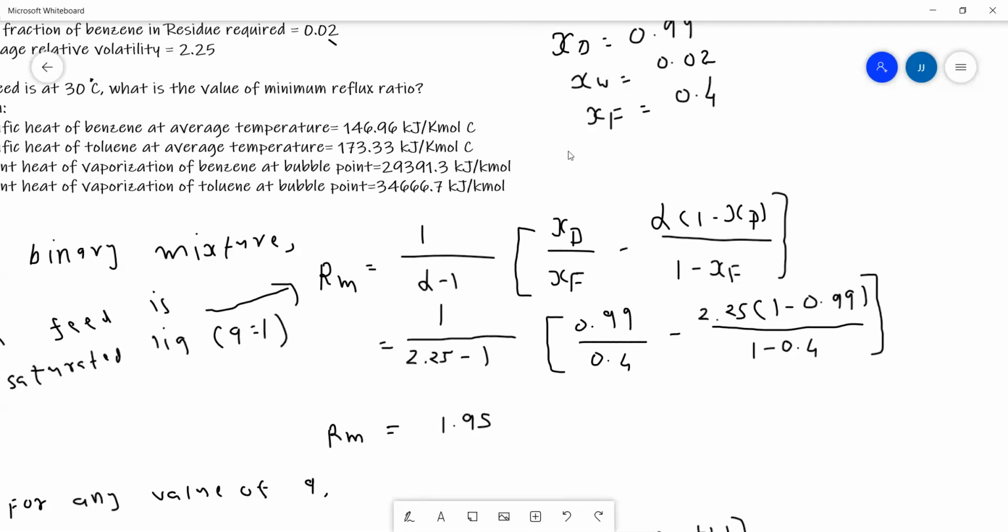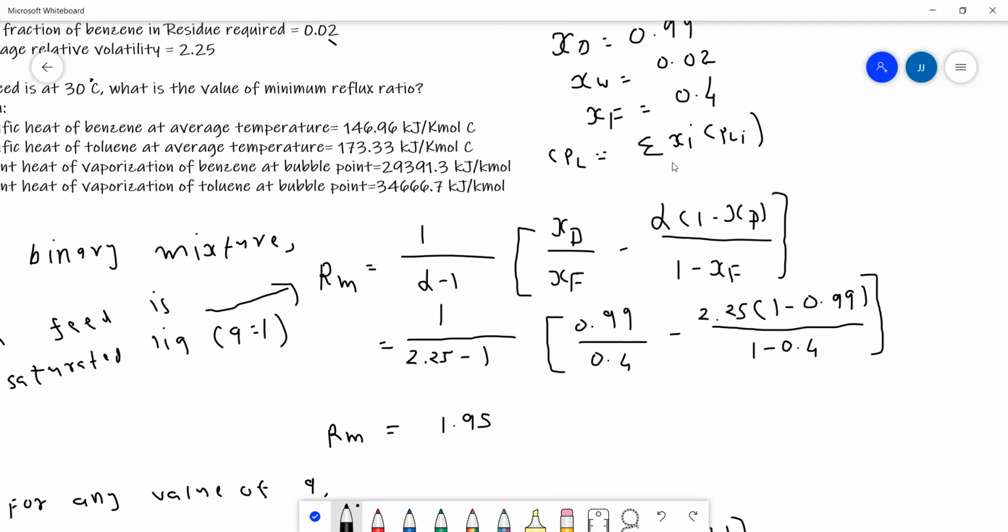So I'm writing here, CPL is equal to the summation of xi into CPL i.